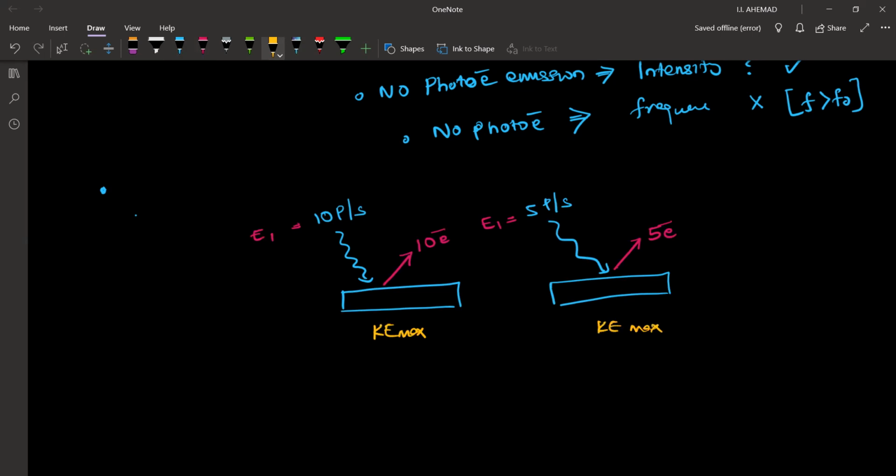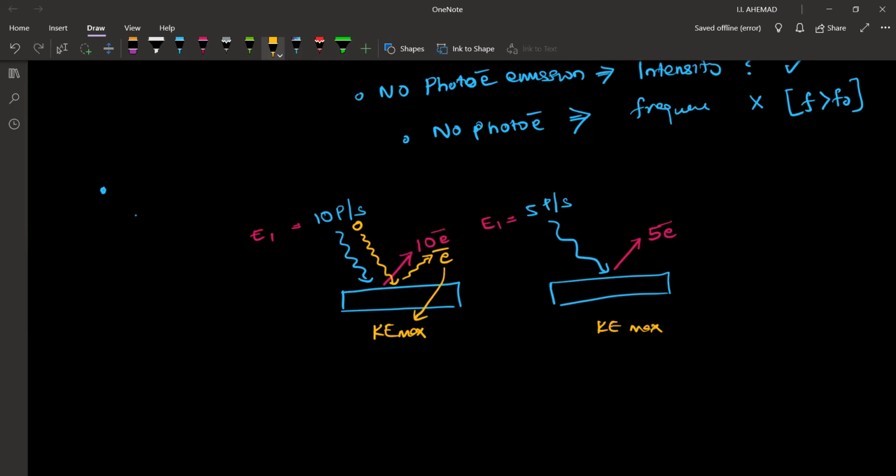Now we are looking at the kinetic energy of a single electron, right? A single photon releases a single electron. So we are talking about the kinetic energy of that electron.